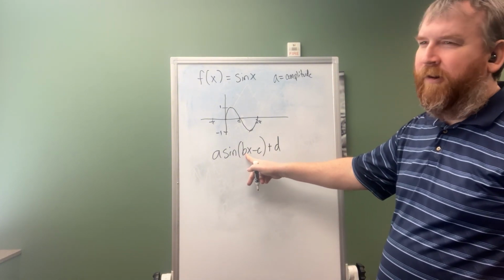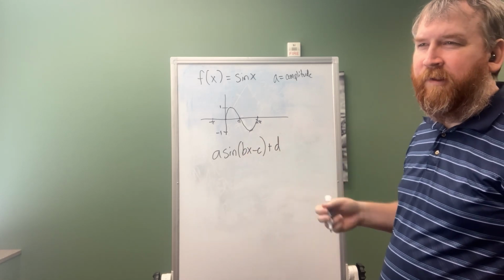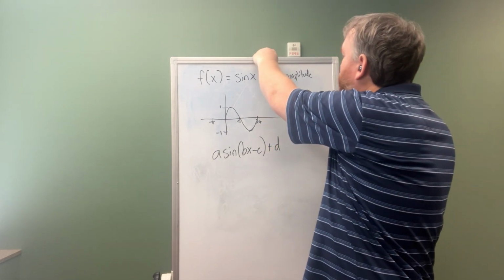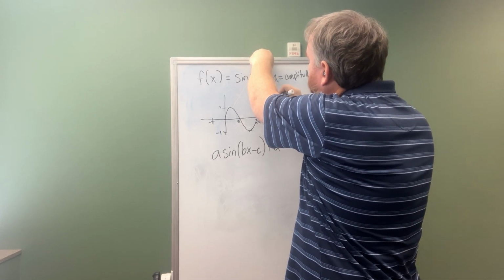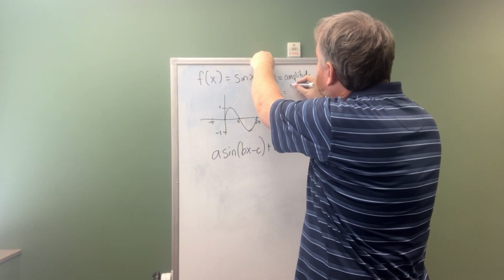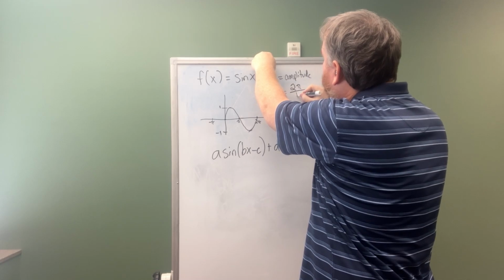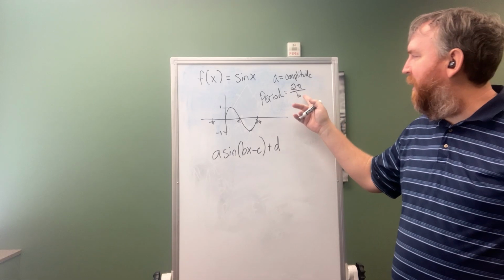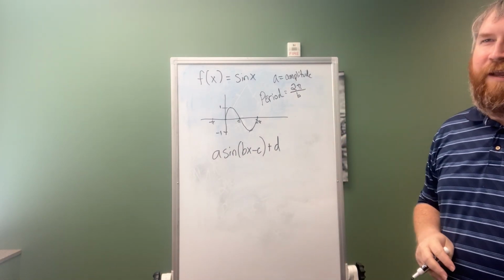B is our coefficient in front of the x, or theta, that tells us what the period is going to be. Our period is going to be, and this is just something you really have to remember and practice several times, 2 pi over b. So whatever you plug into b, you have to take 2 pi and then divide it by b to get your new period.